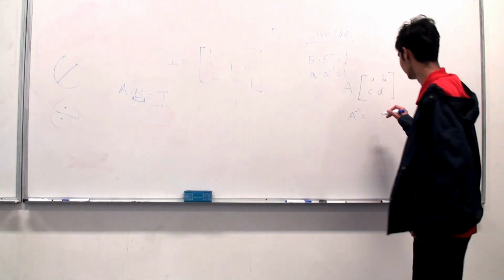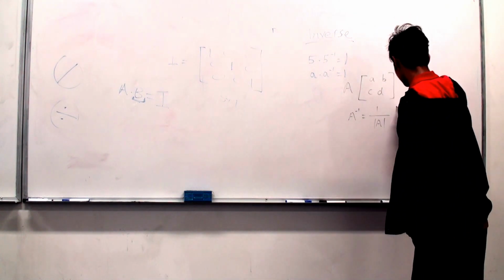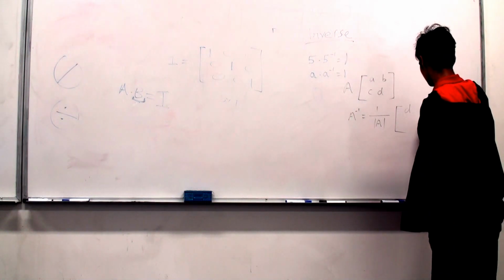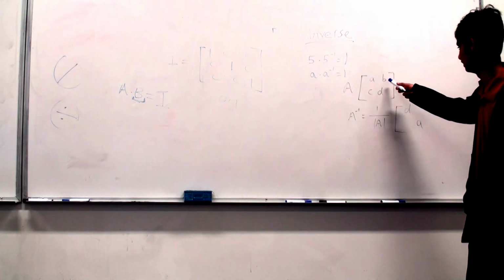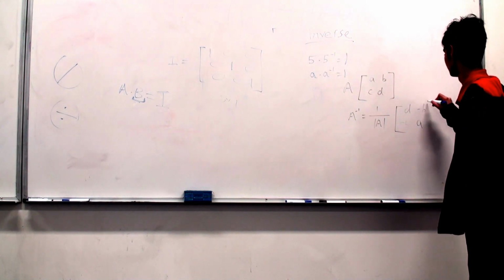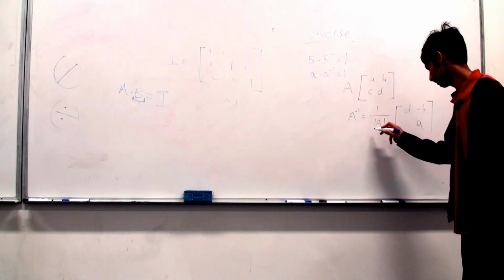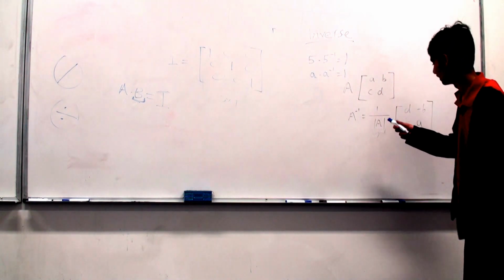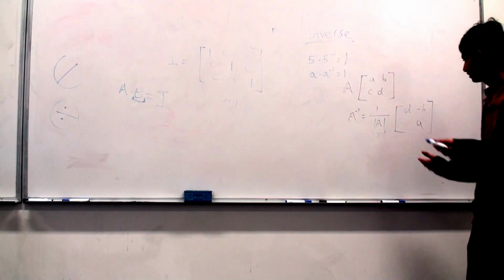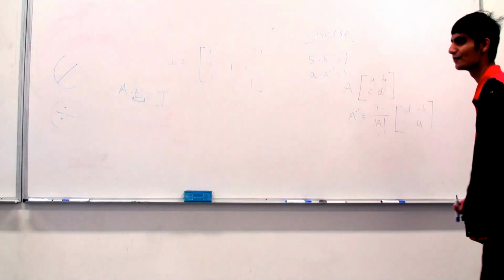It's simply 1 on the determinant of A times the matrix where we switch these two, and we change the sign of these two elements, C and B, so minus C and minus B, and that is the inverse of A. So we can find out here that if the determinant of the matrix is 0, clearly the inverse is not defined, unless Daniel wants to explain.